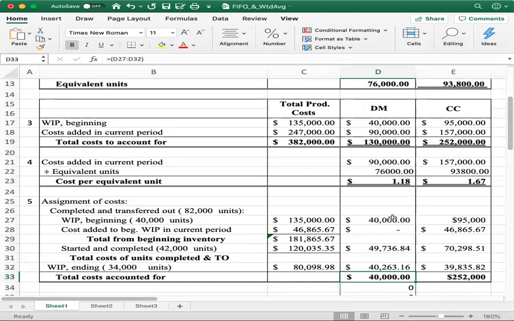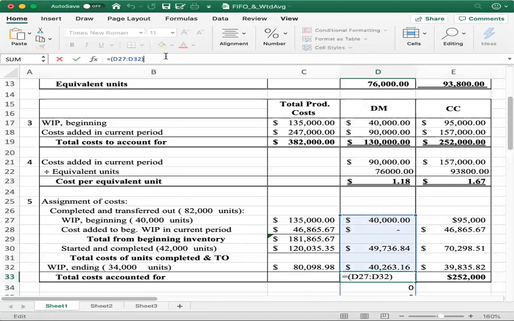D27 through D32. That should be more than 40,000.